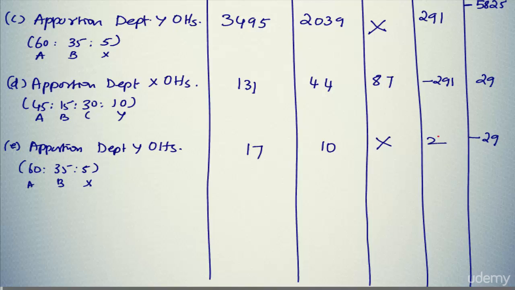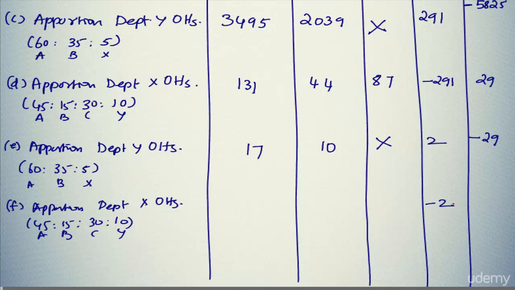2. So again department X has got a share that has to be apportioned. So apportion the department X overheads in the ratio of 45:15:30:10, that is between A, B, C and Y. I'll write here it's going to be minus 2.